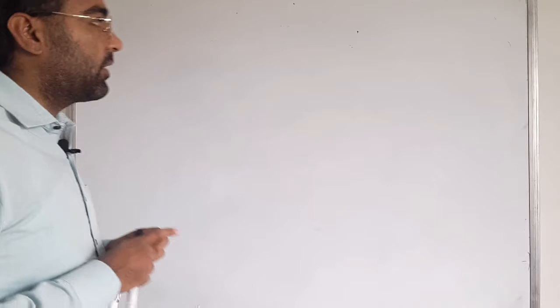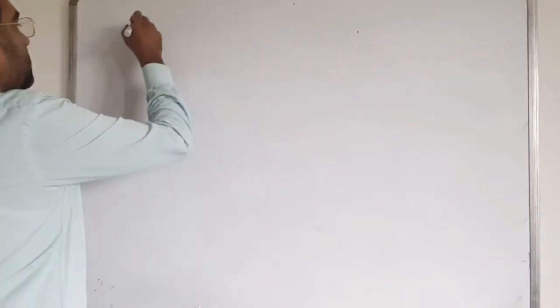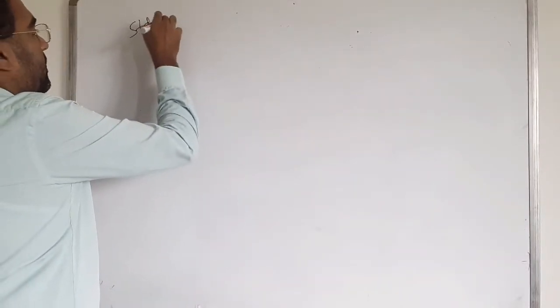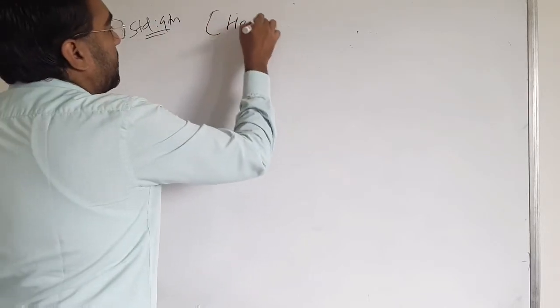So in today's session we have to learn about the trapezium, and how to find the area of the trapezium by finding the area of a triangle using Heron's formula. So let's start without wasting our time. I'll write Standard 9, Heron's formula.